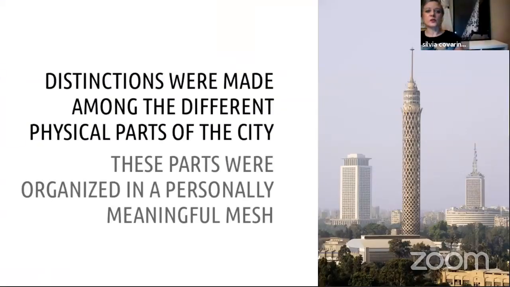Now, distinctions were made among the different physical parts of the city. These parts were organized in a personal, meaningful mesh. When we are talking about these different physical parts, we always connect our mind with a certain image or reference or icon.